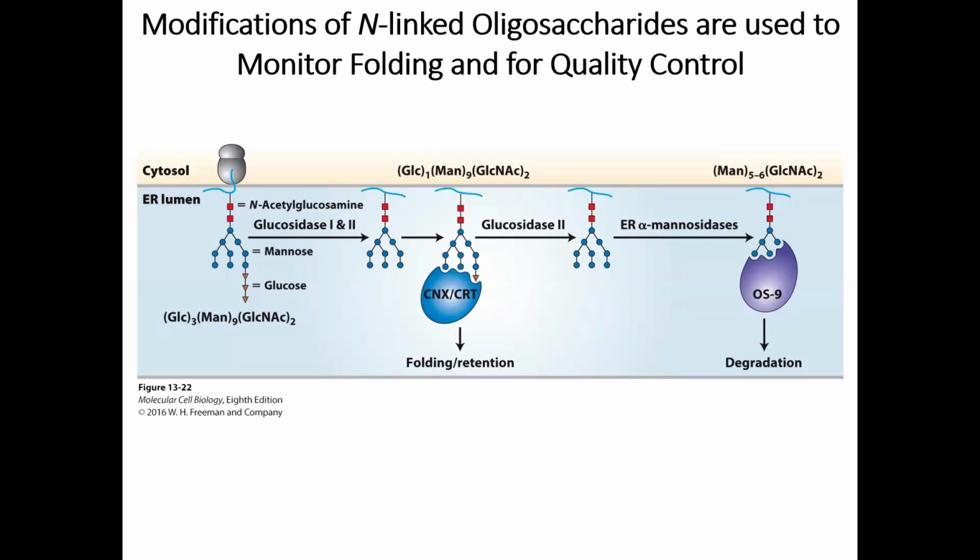All the way back when we saw the hemagglutinin, the HA folding, you saw the names of those two, CNX and CRT, calnexin and calreticulin. These are quality control proteins. They bind to these glycosylations and do the quality control. If they have not been properly trimmed, they will not be properly folded, and the proteins will try to trim them properly again.